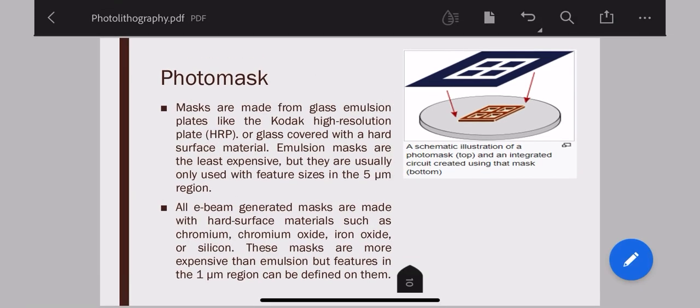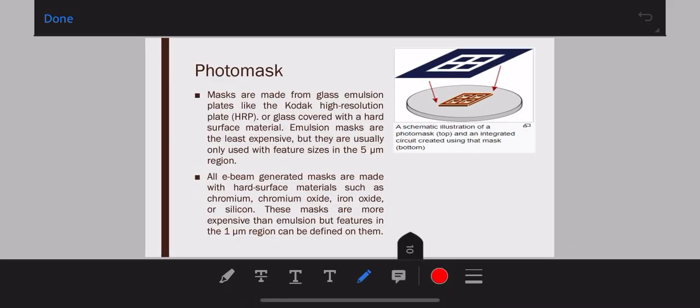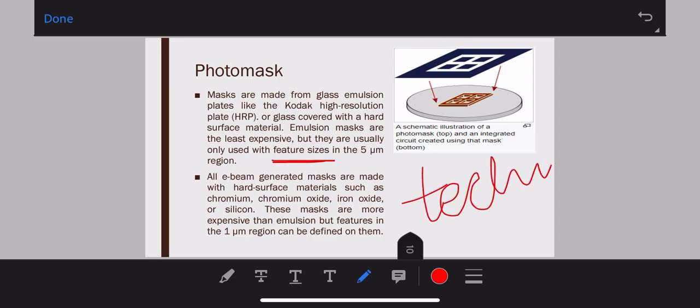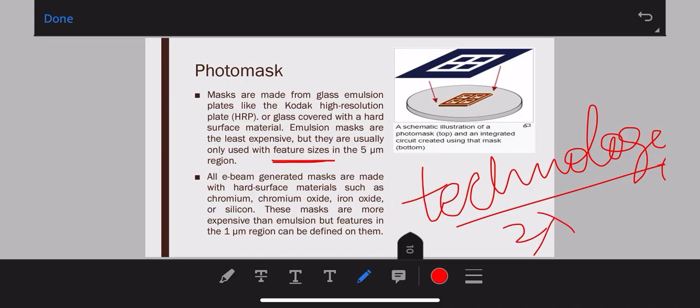Let me tell you what we mean by feature size. Feature size is basically the smallest gate. Actually, when we talk about technology, we say the technology is 2 lambda.